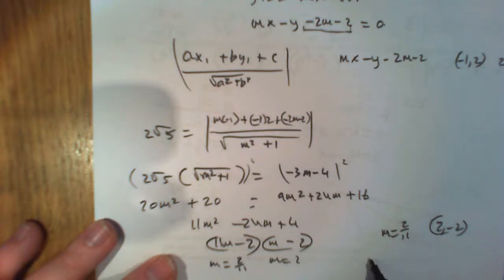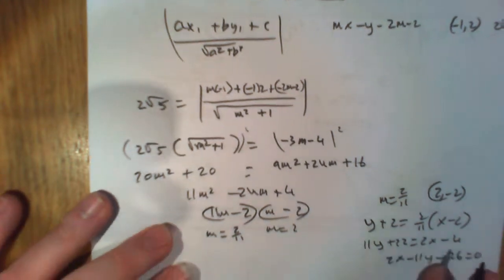So I can have y plus 2 is equal to 2 over 11 times x minus 2. And that's going to be 11y plus 22 is equal to 2x minus 4. That's 2x minus 11y minus 26 equal to 0.